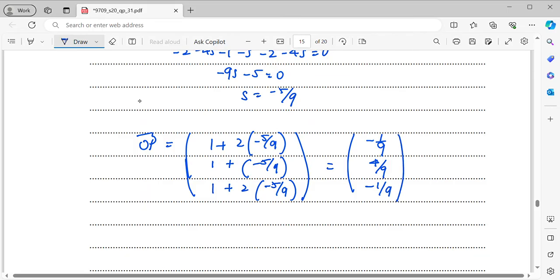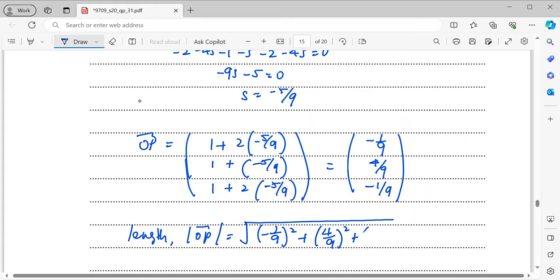So now the length, which means the magnitude of OP, is going to be the square root of (-1/9) squared plus (4/9) squared plus (-1/9) squared.